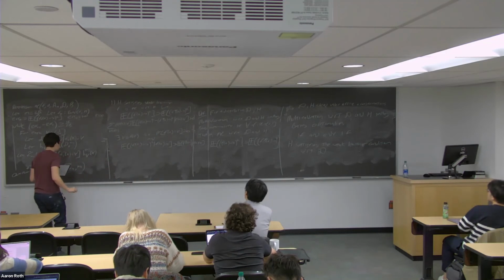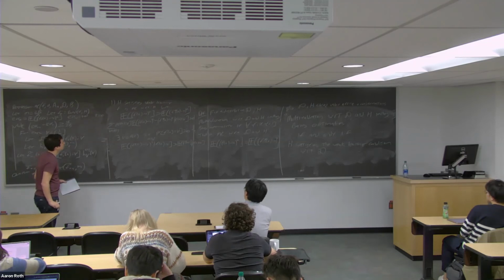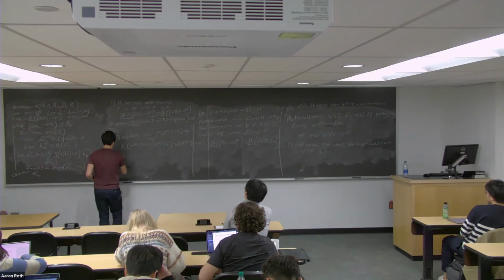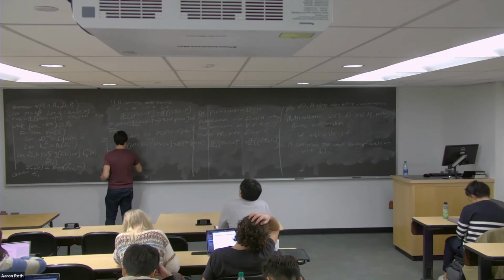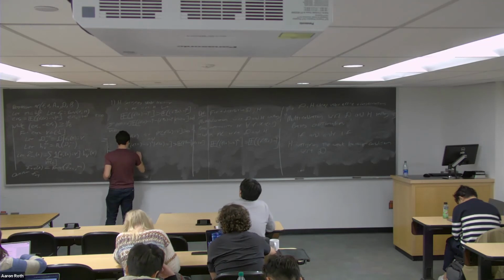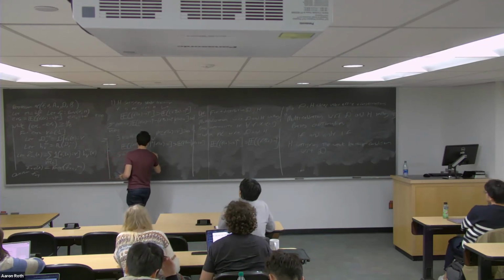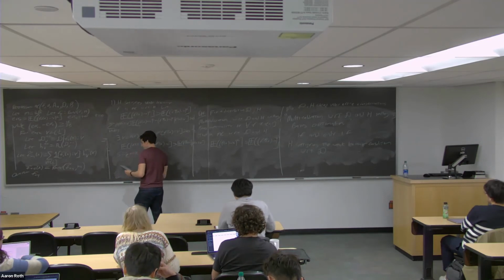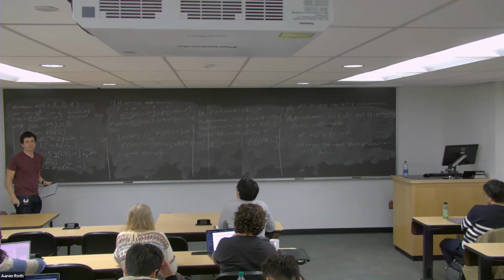Now, let's call the set of all points in our data universe such that our predictor predicts this constant v, let's call that S.